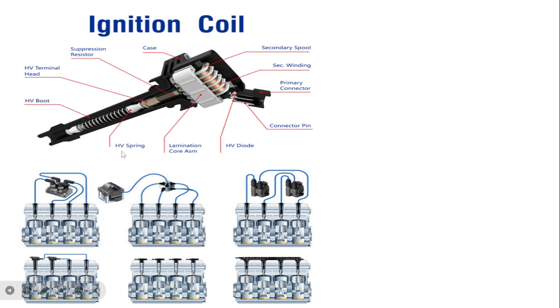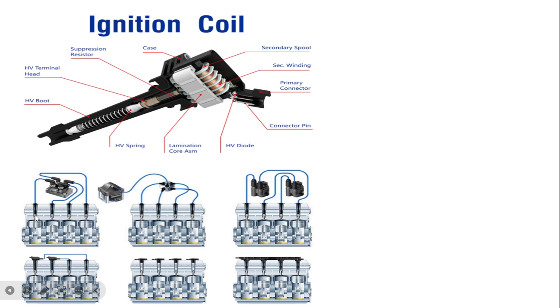Now in this picture, hopefully you can see my cursor on the screen. At the left hand bottom side, the engine section is shown. This is a 4-stroke engine, with 4 cylinders, 4 pistons on this crankshaft.